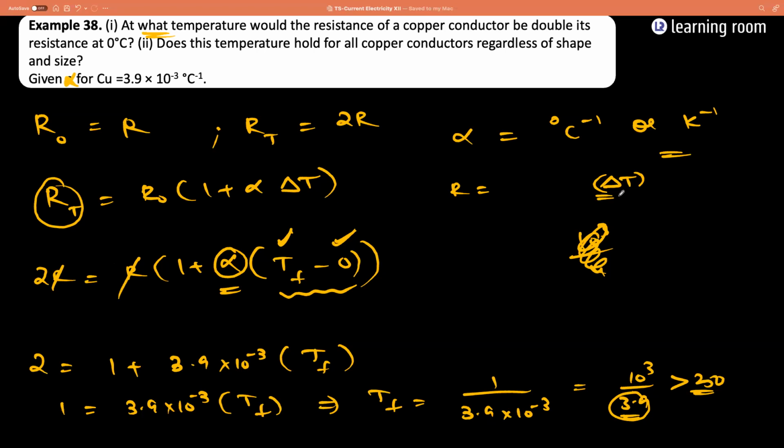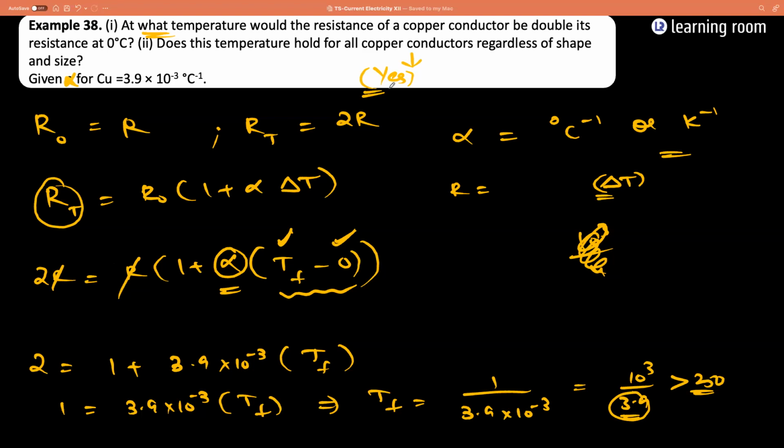Does this temperature hold good for all copper conductors regardless of the shape and size? Answer this question. Yes or no? Yes. Sir, because the temperature doesn't depend upon the shape and size. Yes is okay.